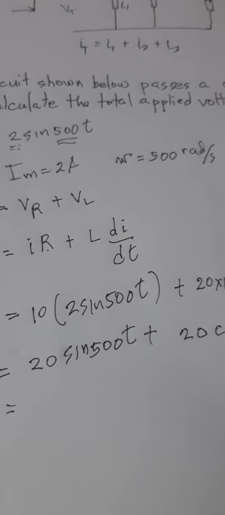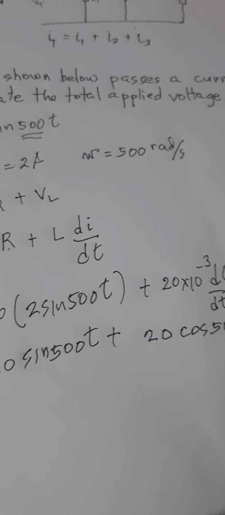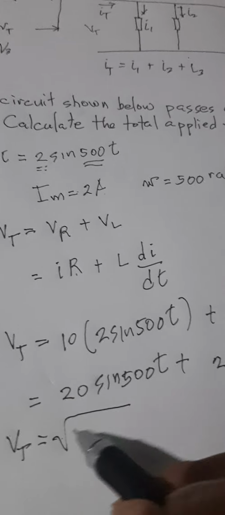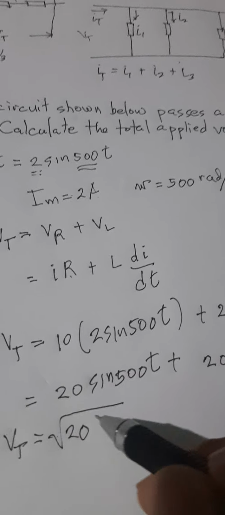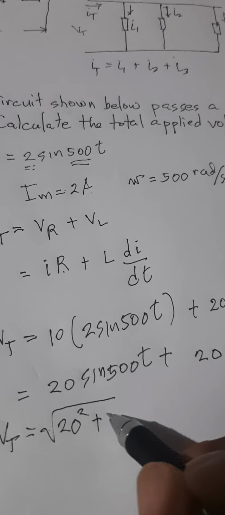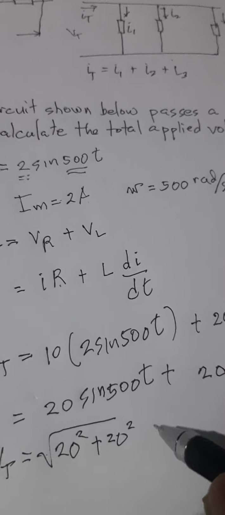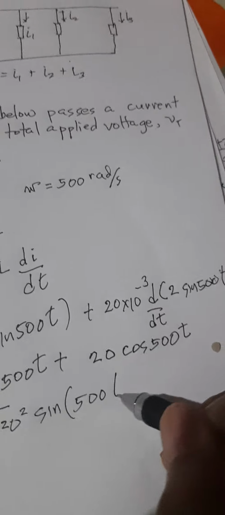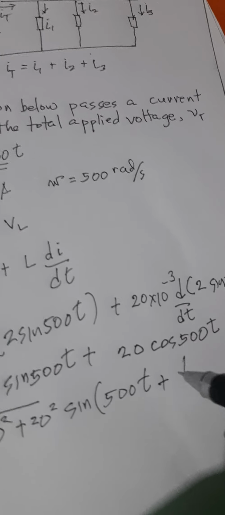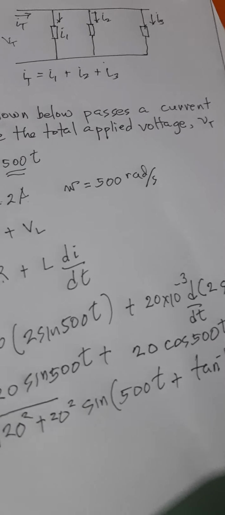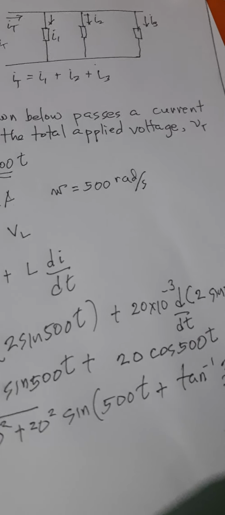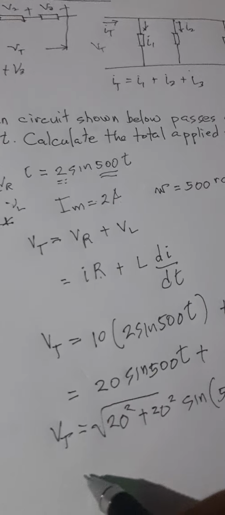Okay. So yun. Kaya dun sa ating unang pag-aaral, when adding two vectors separated by an angle of 90 degrees, pwede natin gamitin yung formula square root of a squared plus b squared, then sine of 500t plus arctangent of yung b over a, 20 over 20. Okay, ayun.